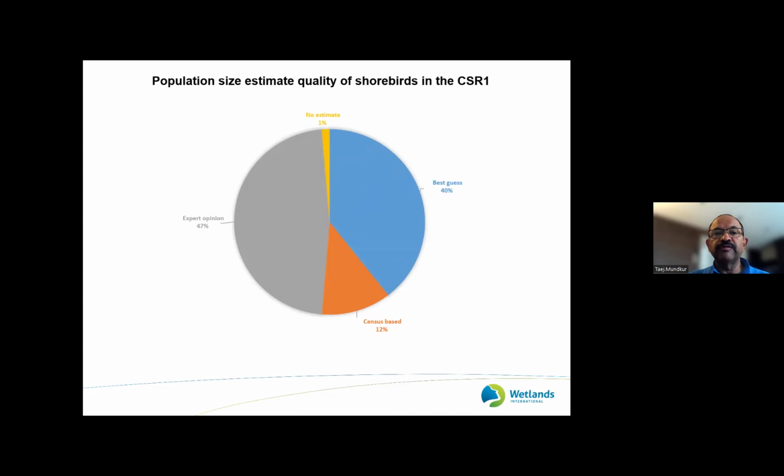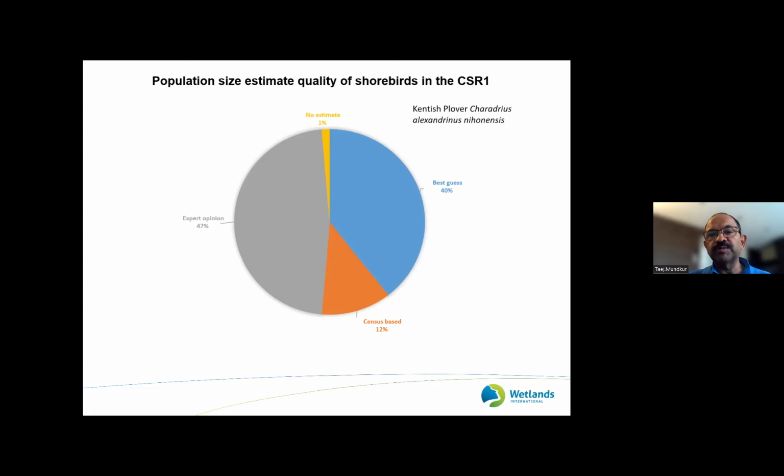And the quality of information we have on population size and trends can be very variable, depending on how much effort is put into monitoring these species, how easy it is to monitor them, and the geographic coverage of the monitoring compared to the geographic coverage of that species.